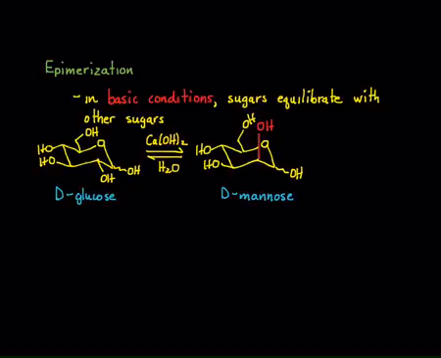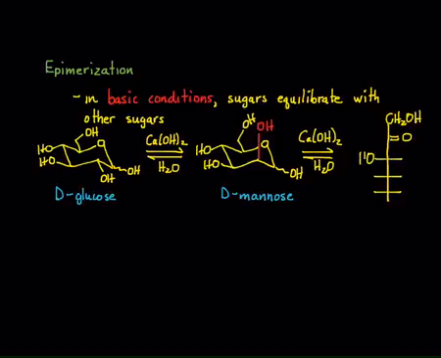Okay, so now there's another sugar that actually can equilibrate with D-glucose and D-mannose, again in these basic conditions. Another sugar develops, and it has this particular structure. So notice this is not an aldohexose. This is a ketose, and this particular ketose happens to be D-fructose.